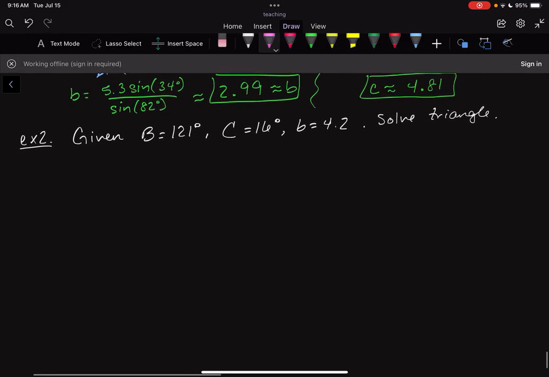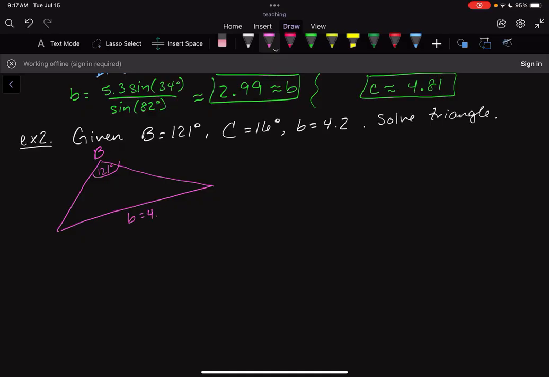So first I'm going to draw it out. These do not have to be drawn to scale by any means. I could put B here if I wanted to. I will say that I do like to put them where they kind of look like they would go if I can. So I'm going to put B up here at the top. But I don't have to. That's just personal preference. So that means that side B is going to be across from that.